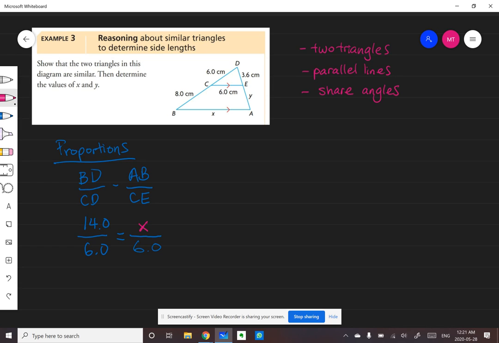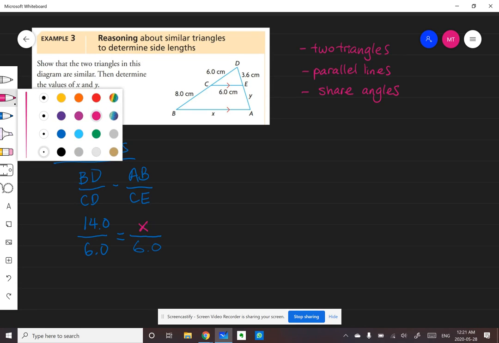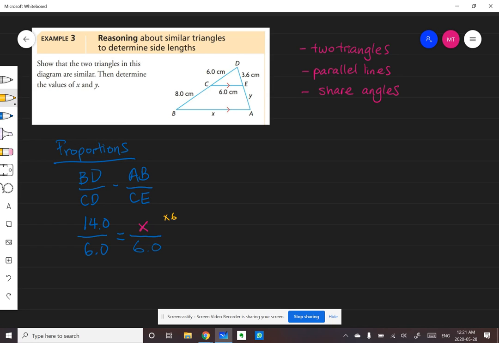So we basically do a little bit of algebra. One option is we could just multiply each side by 6. And when we do that, we cancel these, so top and bottom fractions are going to be the same.